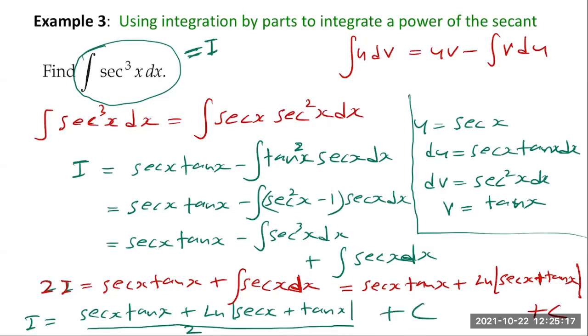Of course you have the constant divided by 2, but when you divide the constant by 2, again you get a constant. I will put c itself without loss of generality. So this is the integral of secant cube x.